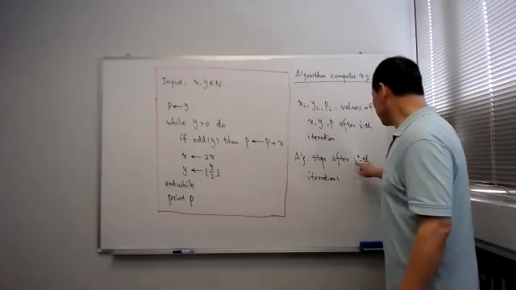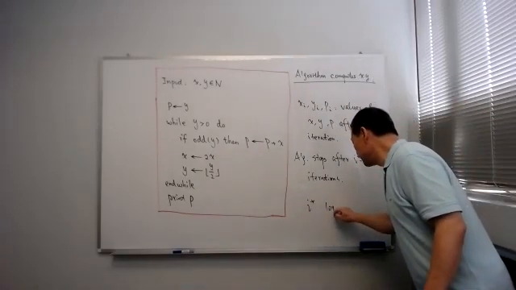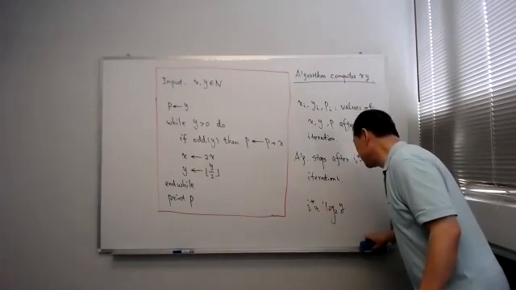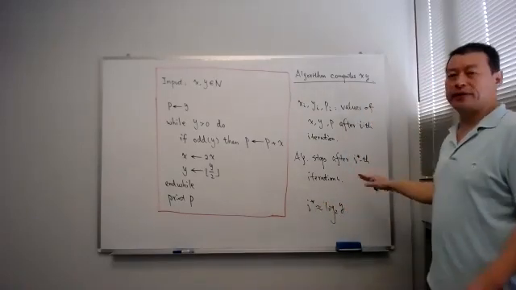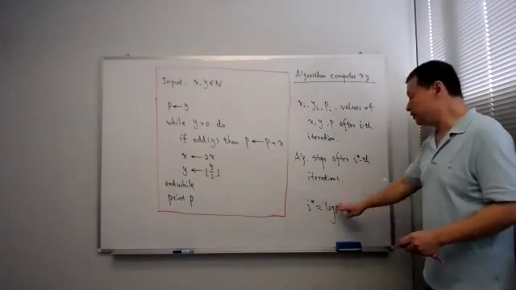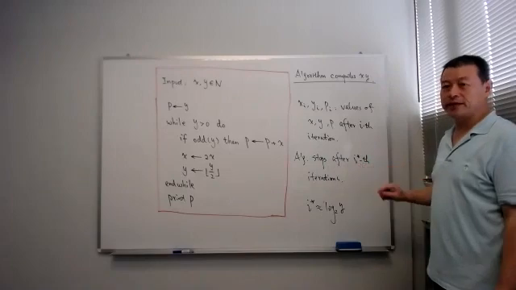So the number of iterations is roughly in the order of log base 2 of y. But the actual number does not matter unless we're interested in the running time. Otherwise, we know it will terminate. All right. So the algorithm always terminates after so many iterations.